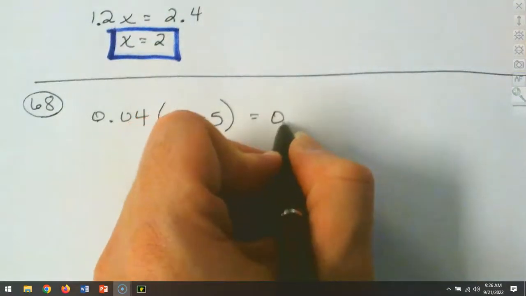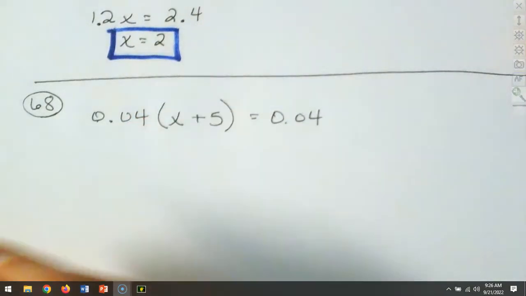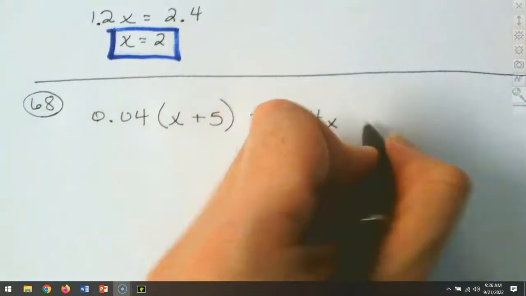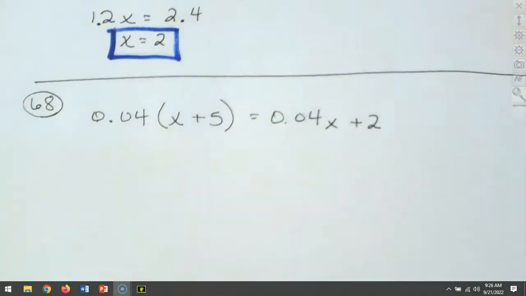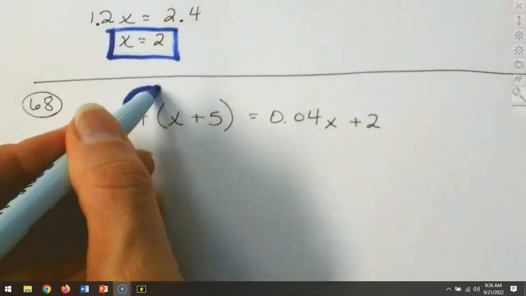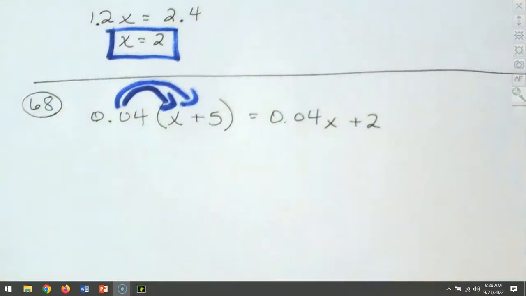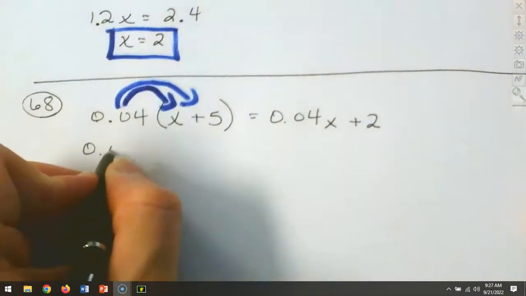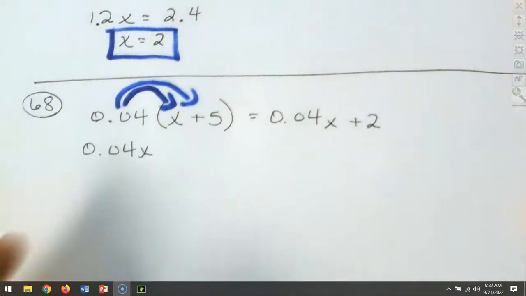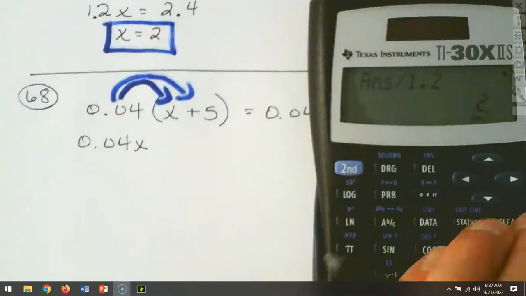That equals 0.04x plus 2. First step is going to be distribute through. Now we have a 0.04x, and we're going to distribute that through.